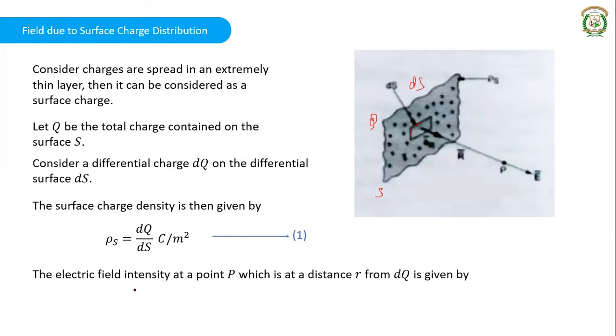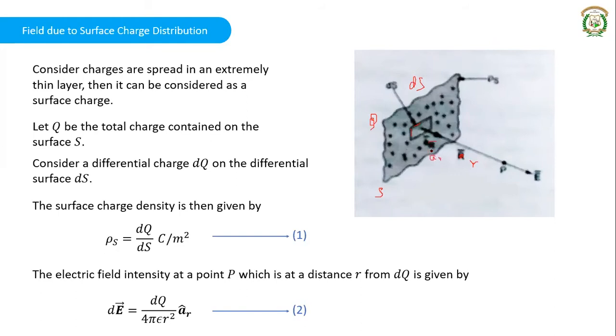We are interested in finding the electric field intensity at this particular point P because of this charge dq. That dq is a small or differential charge, so it can be considered as a point charge. So dE is equal to dq divided by 4 pi epsilon r square into ar cap. If you consider this distance as r, then the unit vector in this direction is ar.